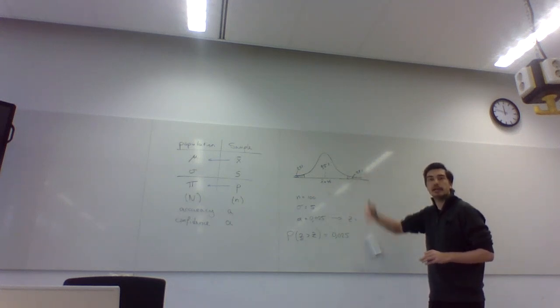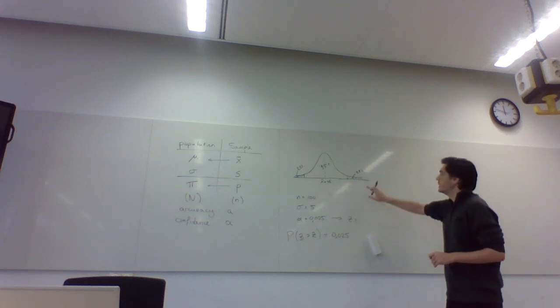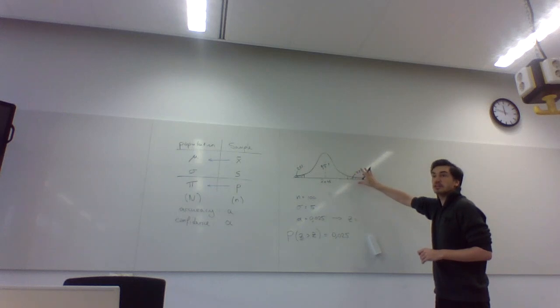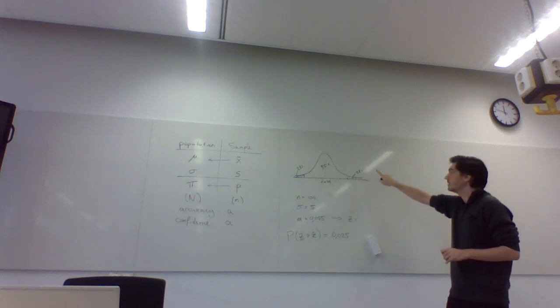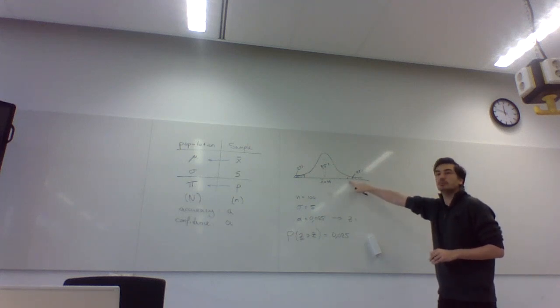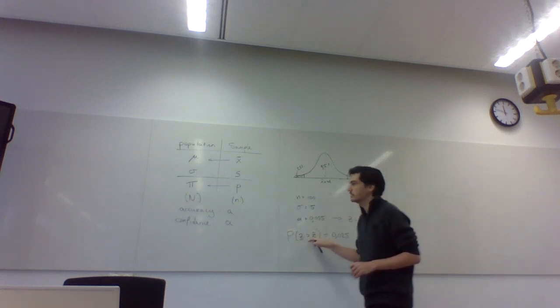Yeah, we're working backwards compared to what we did last year. So instead of calculating the size of this area, we say we know this area, it's 2.5%. What is now this value?